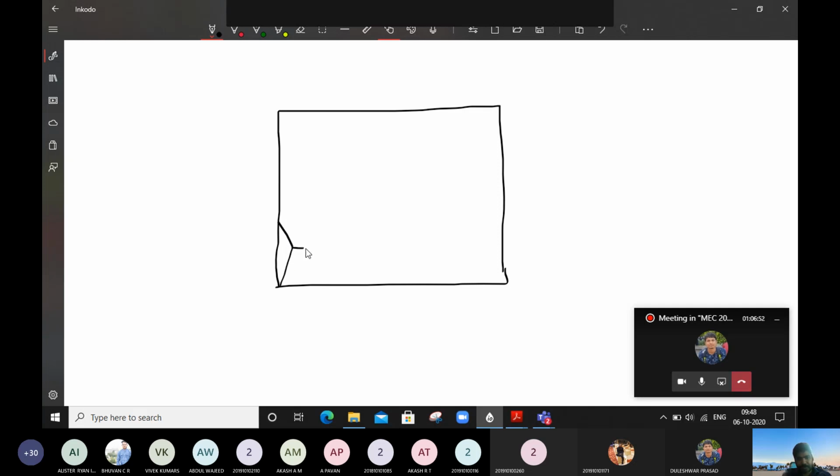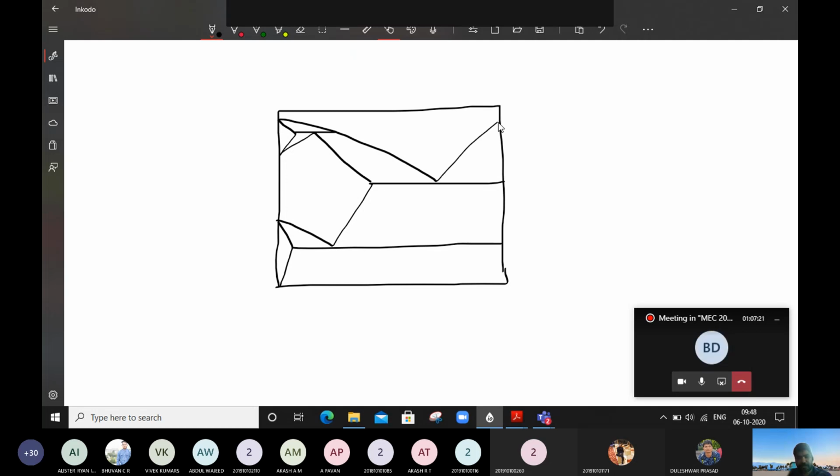So this is the way to draw the iron carbon phase diagram. So this point is the eutectoid point.